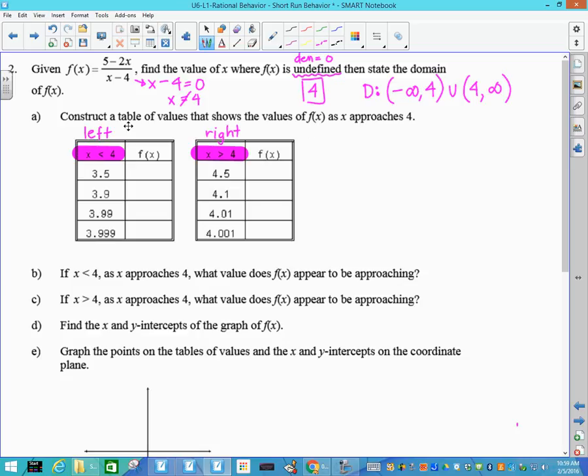I'm going to pause, but before you do, you're going to go in and put 3.5 in for x. And if you have a scientific calculator that does not have a horizontal fraction bar on it, then it is really important when you put these into your calculator to put parentheses to start and stop your numerator, and another set of parentheses to start and stop your denominator.